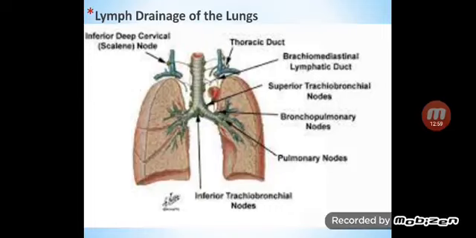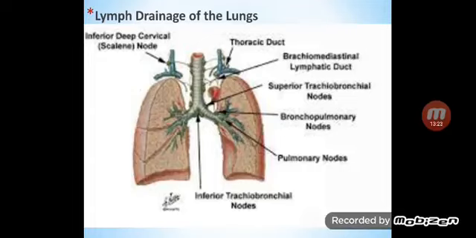Lymphatic drainage of the lung. We have two plexuses, the superficial plexus and the deep plexus. The superficial, also called subpleural, is just underneath the visceral pleura. And you remember that the visceral pleura is adherent to the lung tissue.